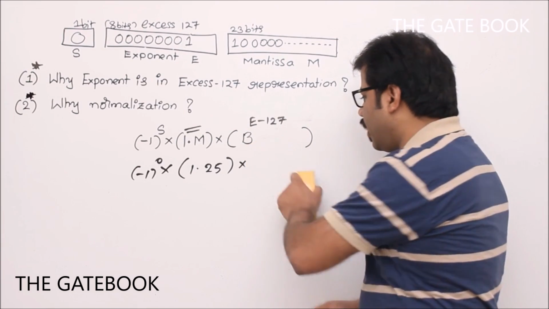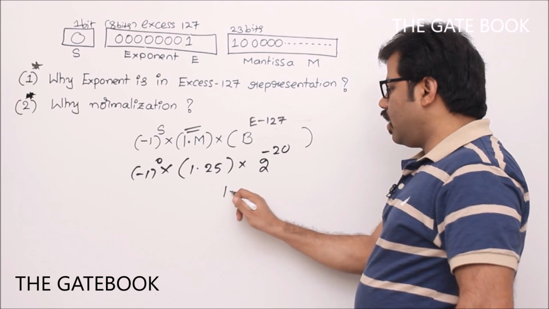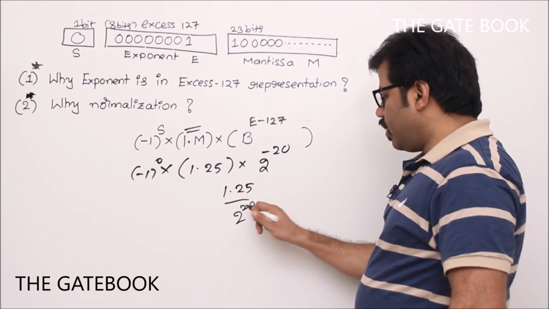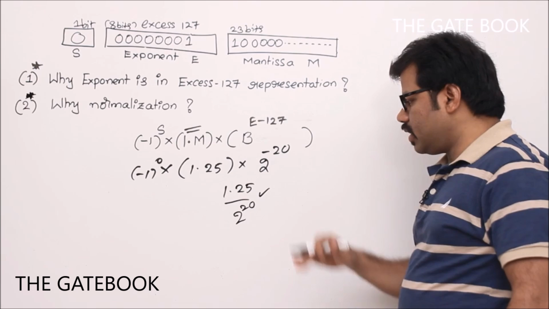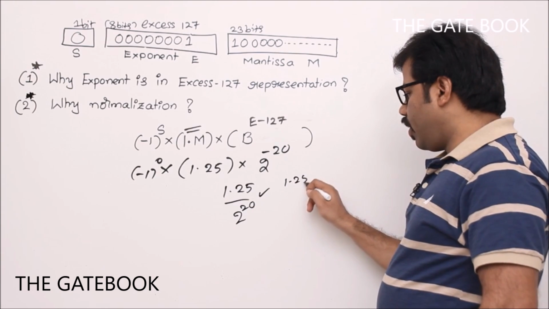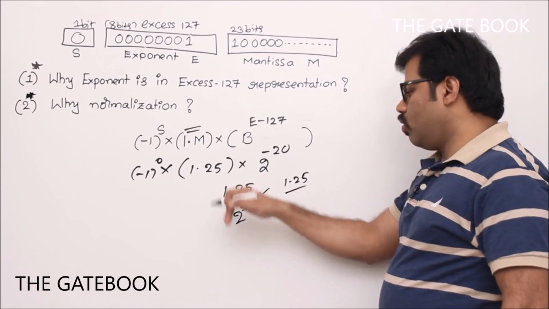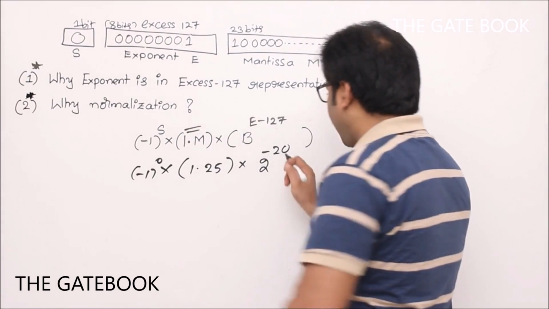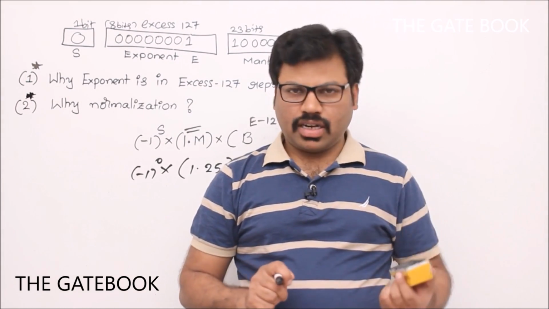So slowly you will realize that if I take here 2 power minus 20, let's say, then this is equivalent value-wise to 1.25 by 2 power 20. That is the meaning of the IEEE 754 representation. Very large number in the denominator, so overall value will be very small. So finally you realize that if exponent is a negative number, then you are going to represent a smaller number, correct?